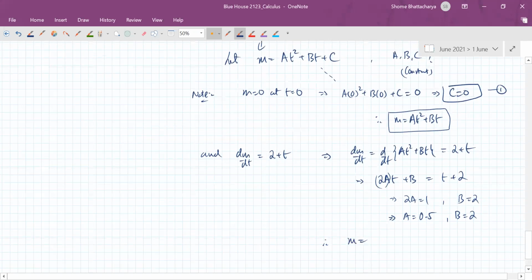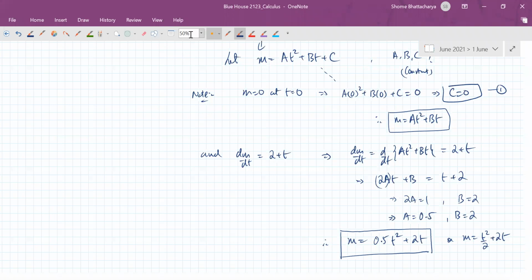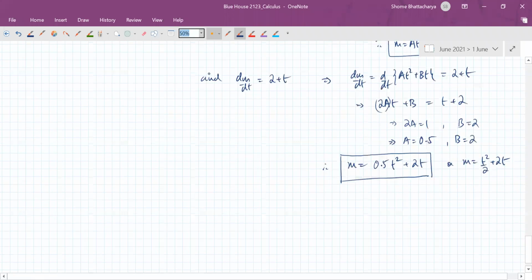We had written it as at square plus bt, so it must be 0.5t square plus 2t, or m is equal to t square by 2 plus 2t. However we choose to write it, you will see that this function satisfies the two properties that we've discussed above: it's equal to 0 at t equal to 0 and its derivative is equal to 2 plus t.